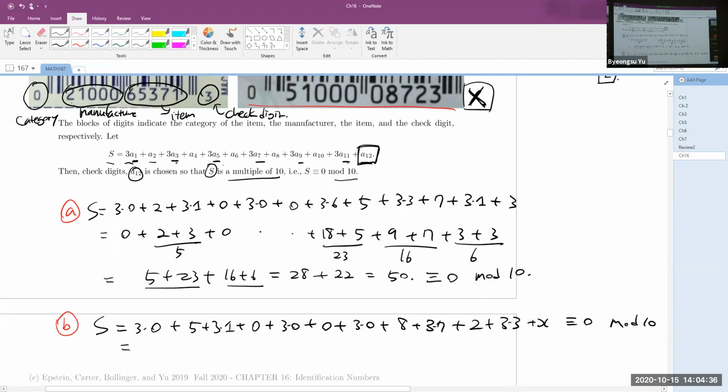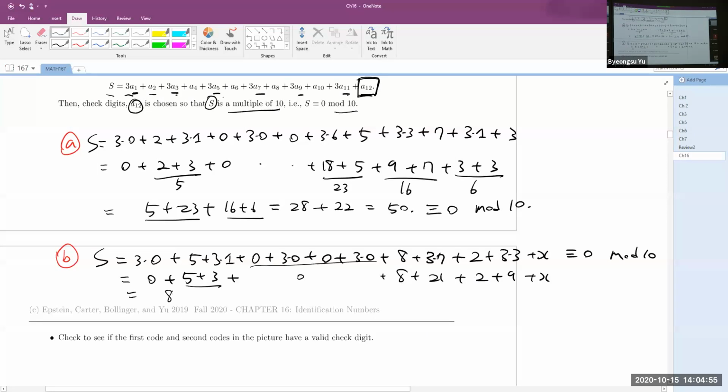And if you calculate this, then 0 plus 5 plus 3 plus these are 0 plus 8 plus 21 plus 2 plus 9 plus X. And these two numbers give you 8. This number gives you 29.